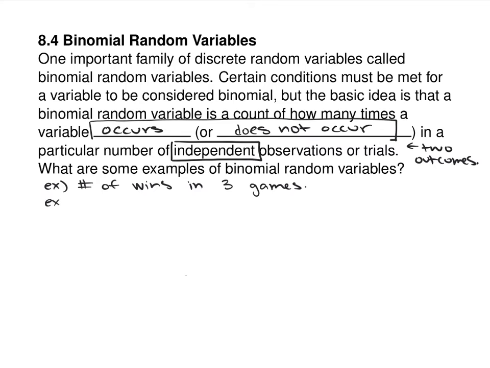Or another example could be the number of girls in 6 births. So we assume births are independent and either you're a girl or you're not. Now that's maybe a bit more complicated than that, but the basic idea is that you have two outcomes.